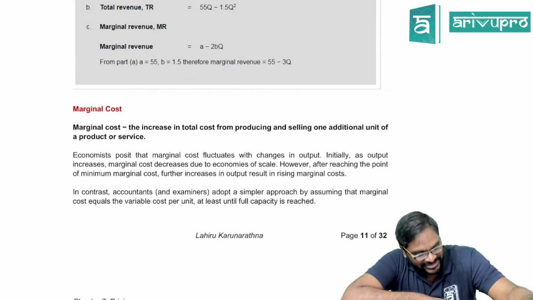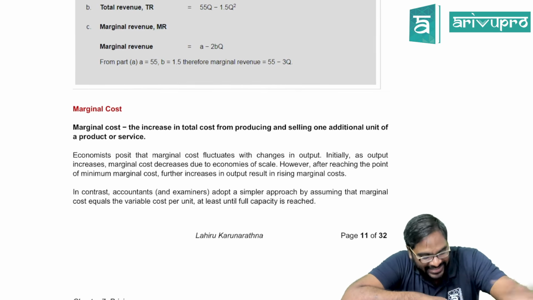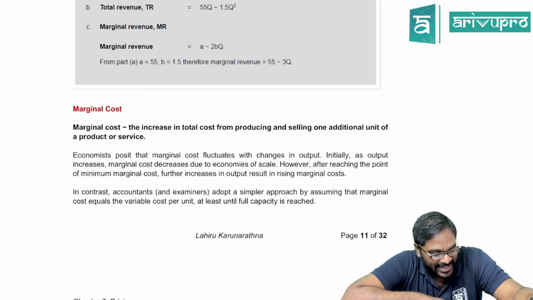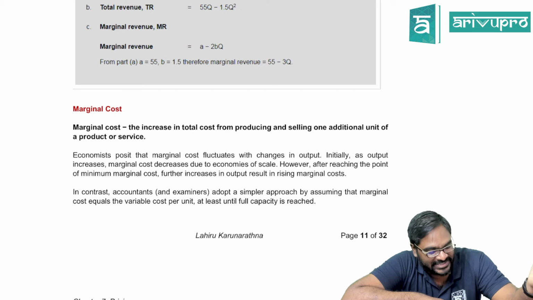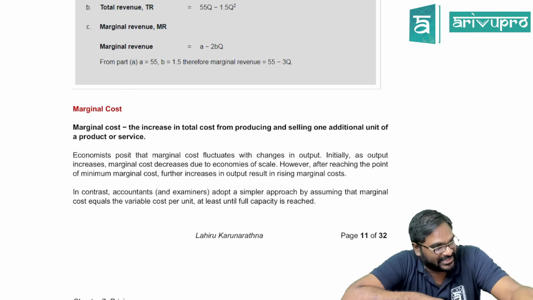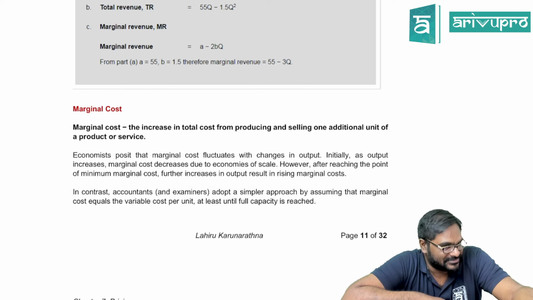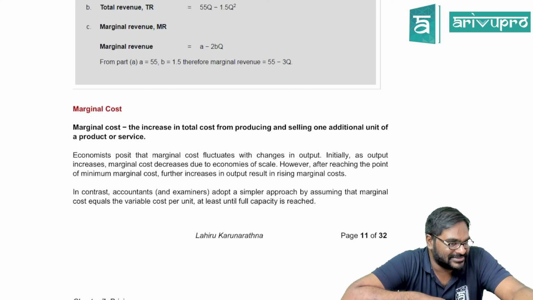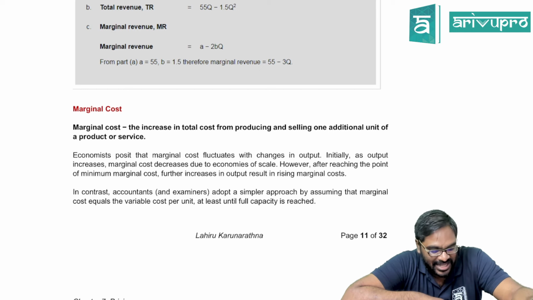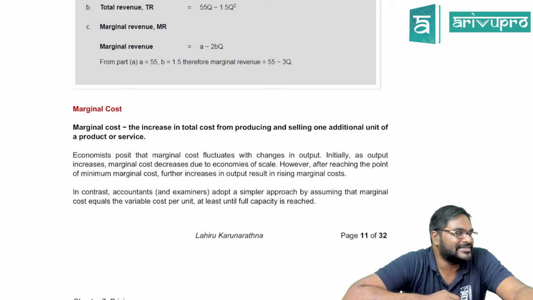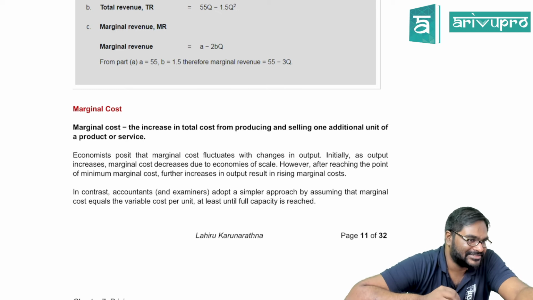So according to economics, all these are linear. And initially, once the output increases, the marginal cost should decrease. Agree on that? But after some point, this economies of scale will be lost, right?